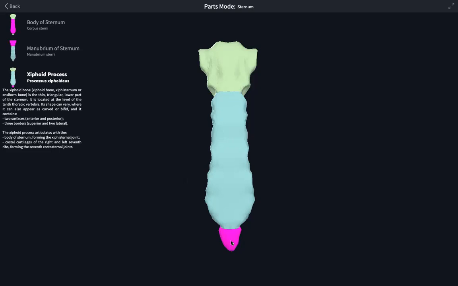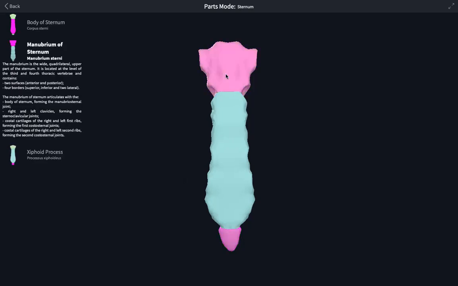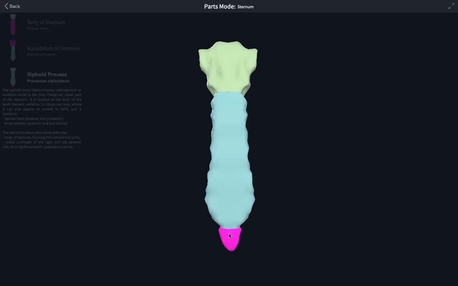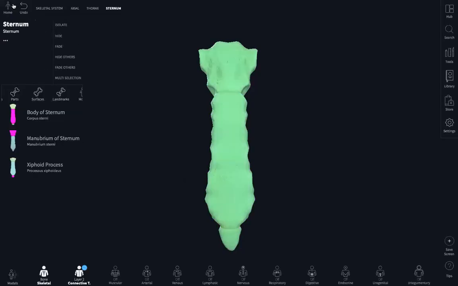The diaphragm rises, becomes dome shaped, and becomes flat. So that movement is actually regulated by the sternum. Okay, so the diaphragm is attached to the xiphoid process of the sternum. I hope it's clear to all of you. So the three regions of the sternum are the manubrium, then you have the body, and you have the xiphoid process.